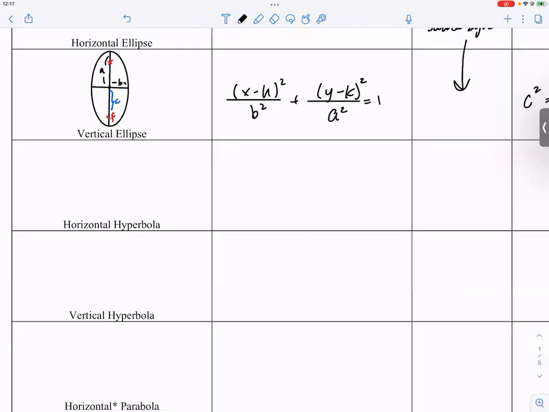Now, for horizontal hyperbola, we have the center, right? We have the vertices that we're going to draw our graph. And also, don't forget, we have our box.